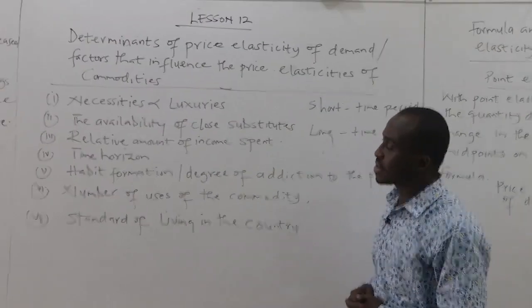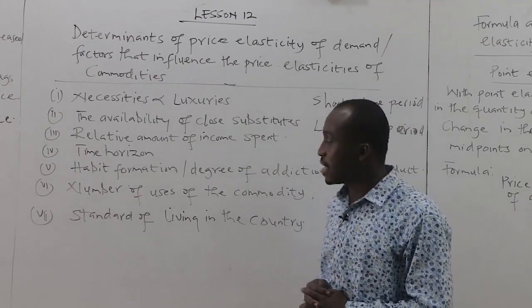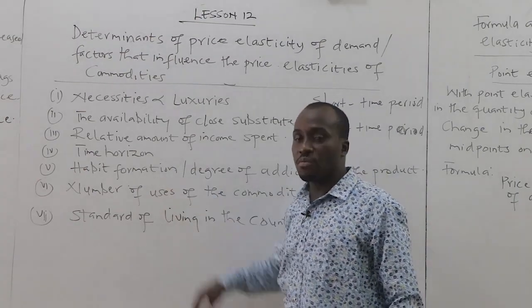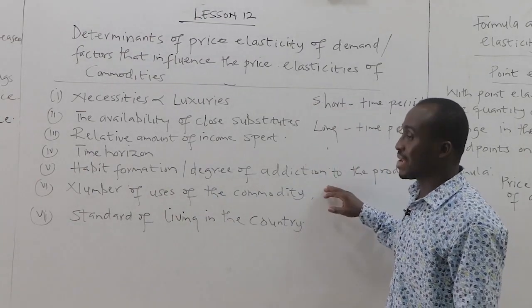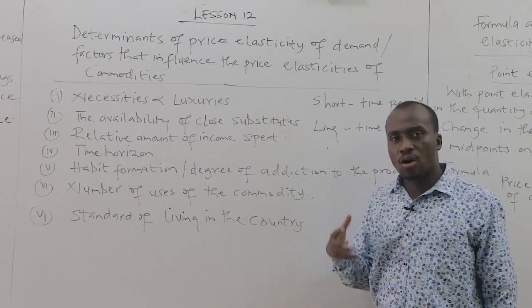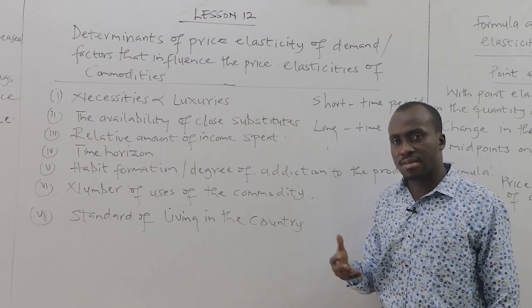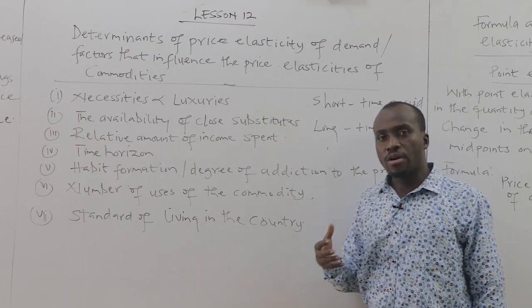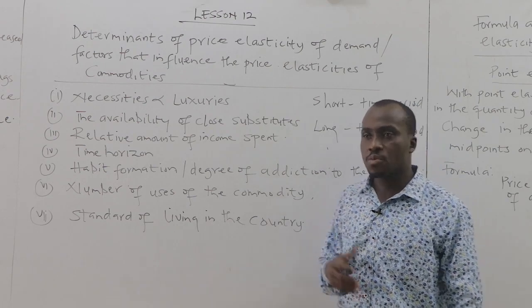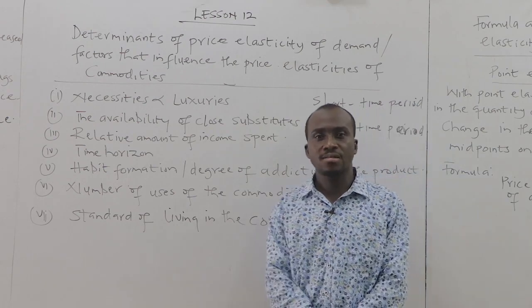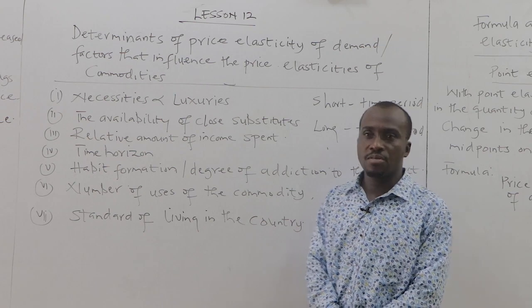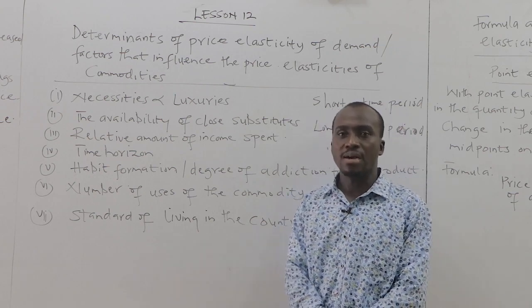Another factor that influences whether your demand is elastic or inelastic is what they call habit formation, or your degree of addiction to a product. When a consumer develops addiction for a product, for instance, there are people who have decided, I like BMW cars. Whether Toyota or Nissan is very cheap, I don't care. I always buy BMW cars.